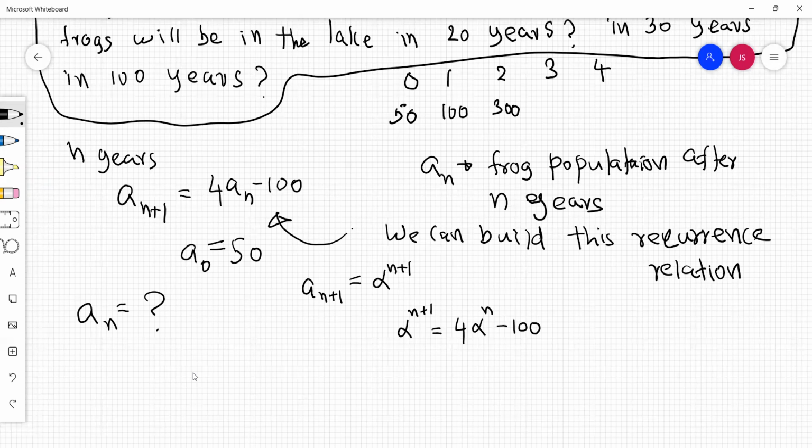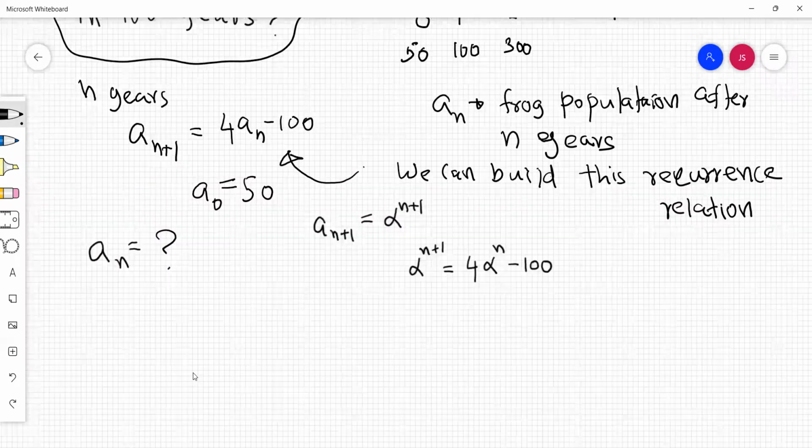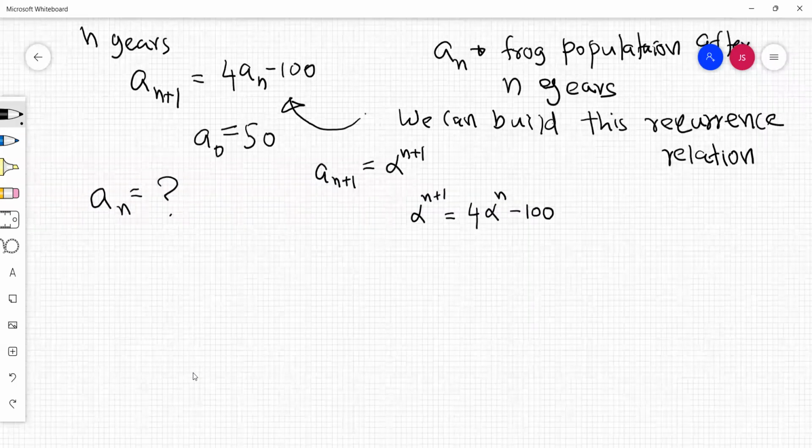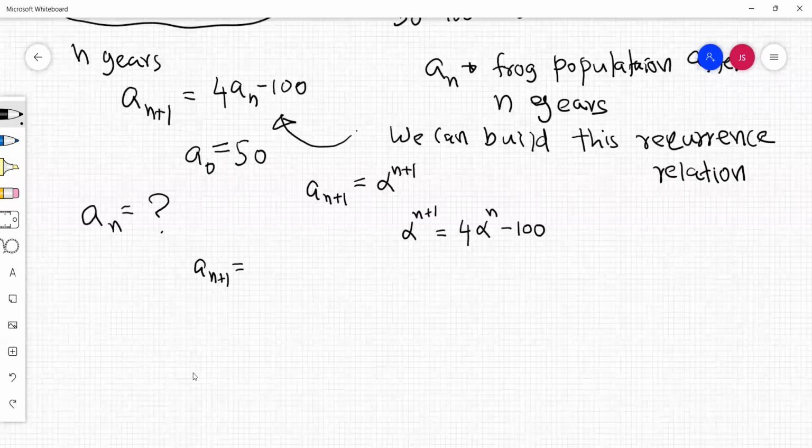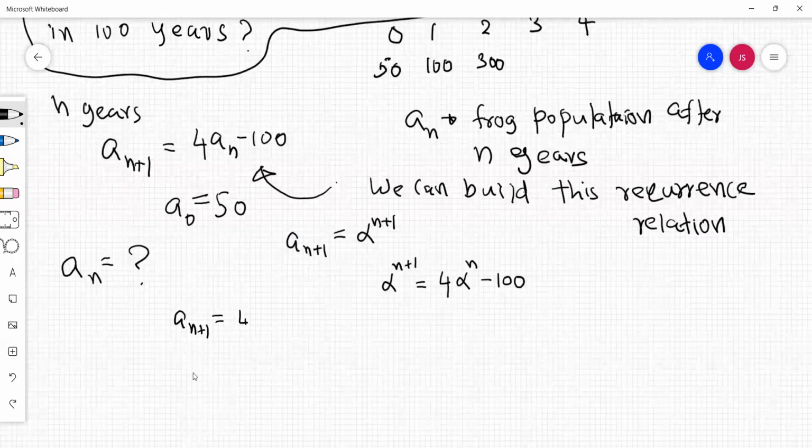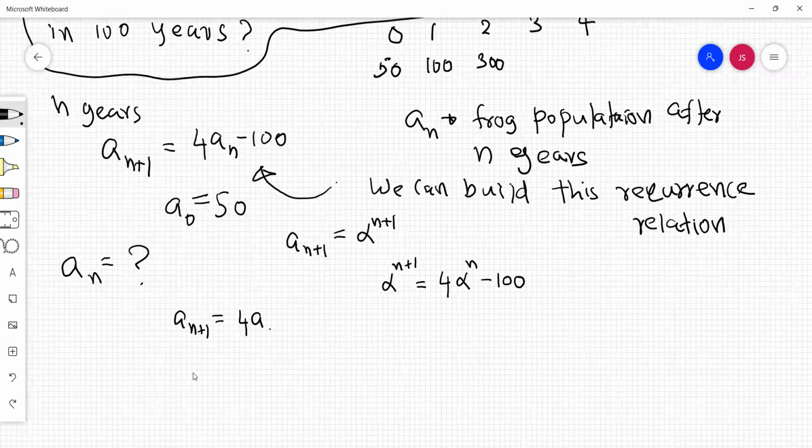So now we are going to use a generating function to solve this kind of recurrence relation, right? Let's see how to do that. Actually, the technique is: a_{n+1} is equal to 4a_n minus 100, right?